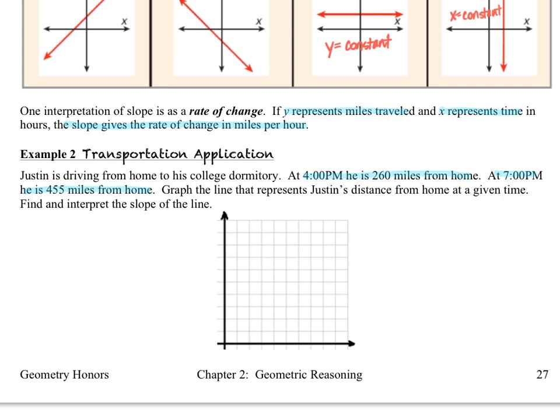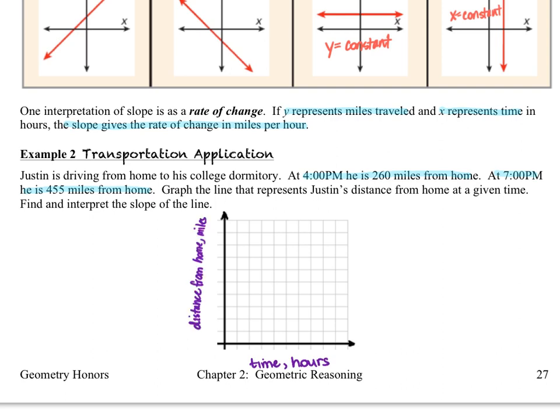So what we're going to have to do first, we see that we have a coordinate plane below. We need to scale and label our axes. In our explanation about slope as a rate of change, it said that x was going to represent time in hours, so that's going to be on our x-axis. It also said that y was going to represent miles traveled. In our example, because we want to draw Justin's distance away from home, we're going to make it distance away from home in miles.